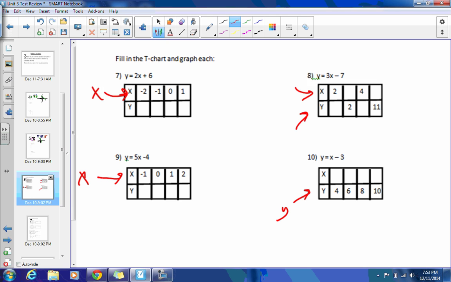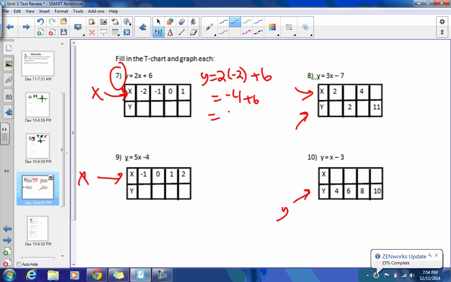I'll just do number 7. To figure out what y is when x equals -2, you're just plugging in for that x. So y equals 2 times -2 plus 6, and that would be -4 plus 6, which equals +2.